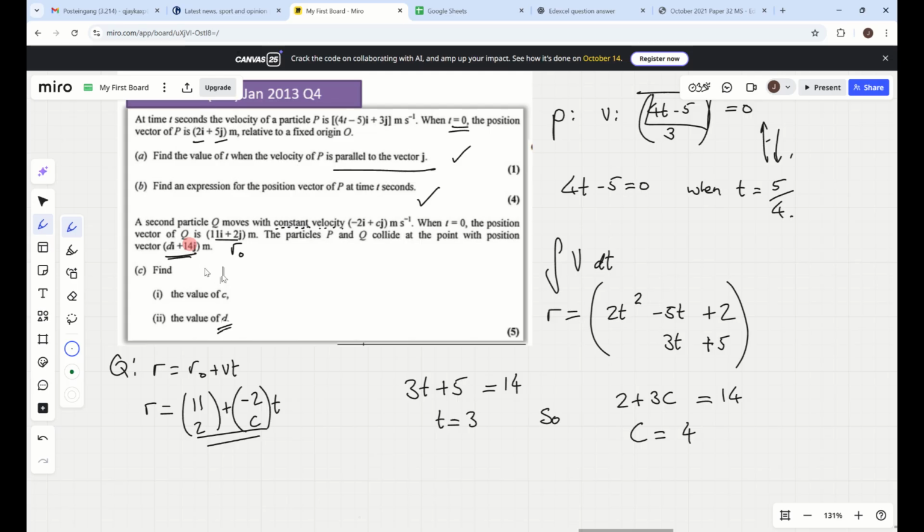They want to know the value for the i's. So could I just use this one here? Yeah. So 11 plus minus 2 lots of, what's the time value? 3. So that should just be 5. Is that right? Yeah. Okay. So d equals 5.